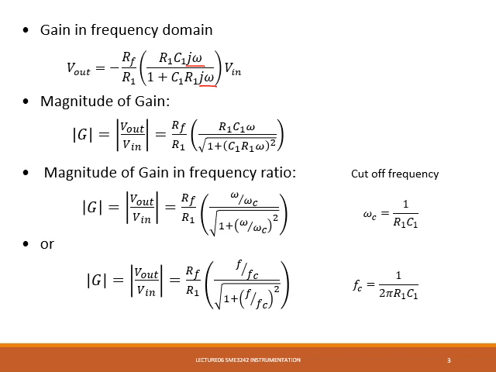Then we'll be able to find the magnitude of gain. So this is the first equation, which is the gain at any frequency. Then we are also able to find the magnitude of gain in frequency ratio form. This is the second equation in radians per second, and this is the third equation in hertz.